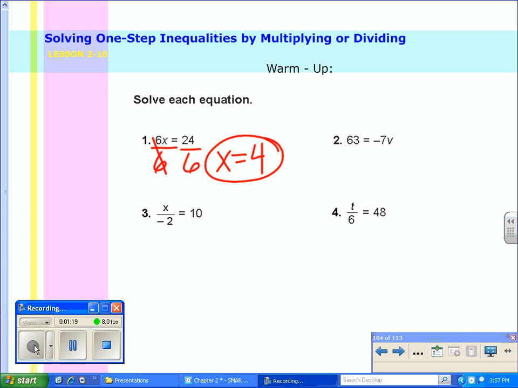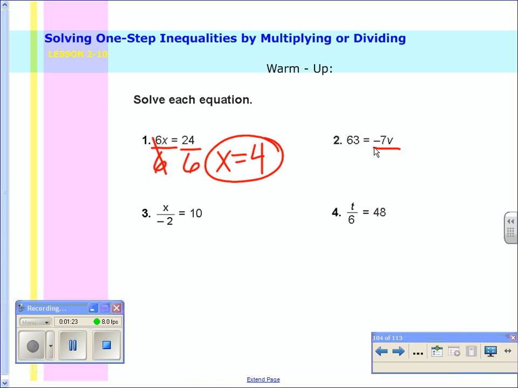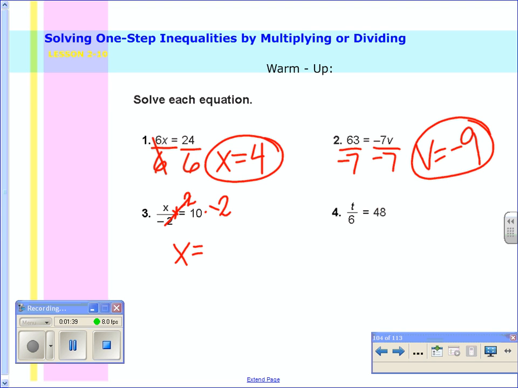All right, so hopefully you had a chance to solve all of these. Well, for number 2, you divide by -7, and you get v is -9. For number 3, they're dividing by -2, so you multiply each side by -2. And you get x is 10 times -2, which is -20.